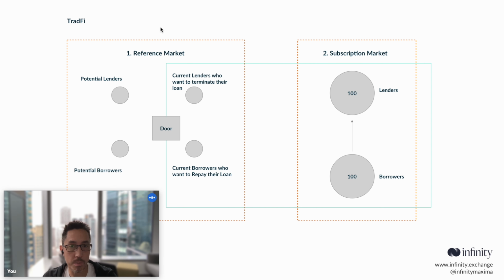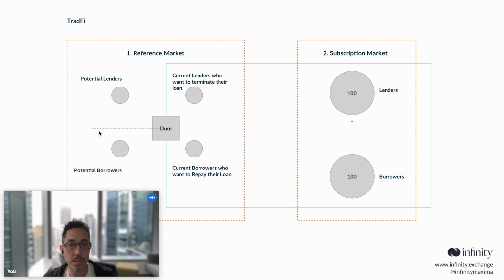The beauty of this model is that it is stochastic in nature. I'm not going to dive too deep into it, but basically you have some market clearing rate here. The lenders and borrowers coming in have different interests to lend or borrow at different prices.